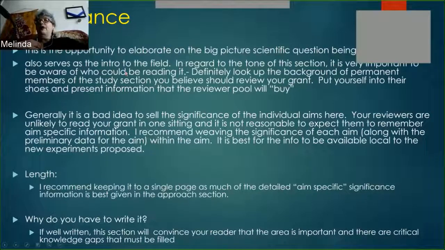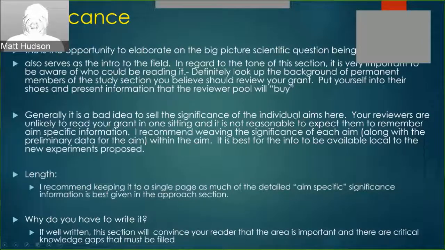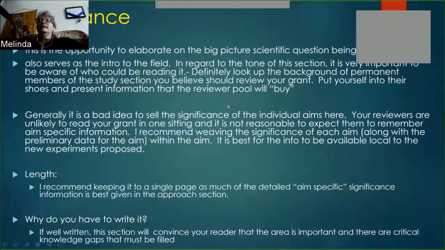Personally, from my grant writing approach, I only use the significance to set up why I am studying the big picture objective. I do not use this as a section to sell the significance of my individual aims. The reason is that a 13-page document, 1 page of specific aims and a 12-page research plan, single-spaced, is fairly dense.